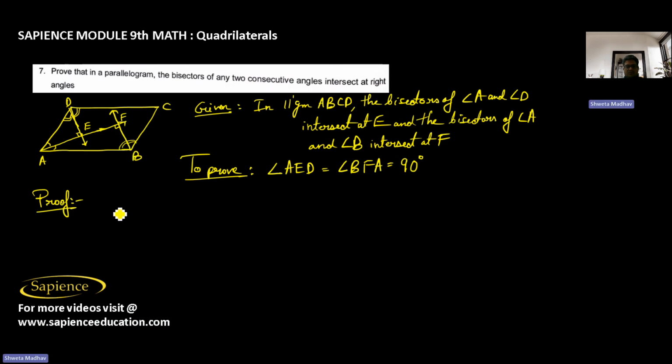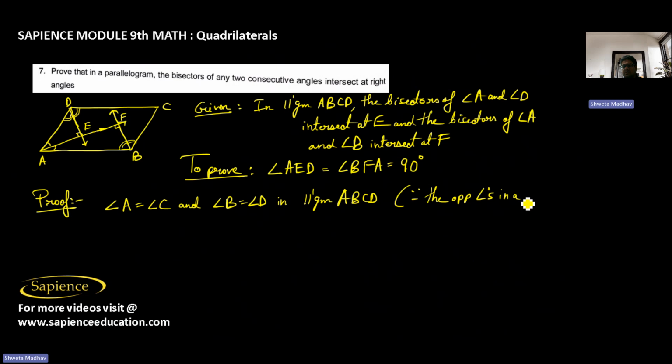So now we know that angle A is equal to angle C and angle B is equal to angle D in parallelogram ABCD. Since why? Since the opposite angles in a parallelogram are equal.